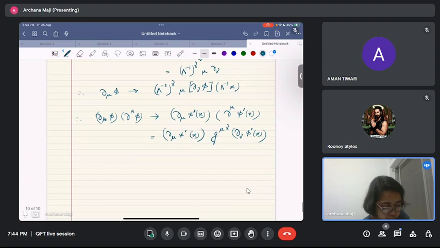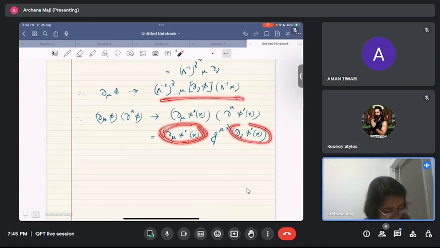We are making the indices covariant just to be able to replace these two by what we have obtained.